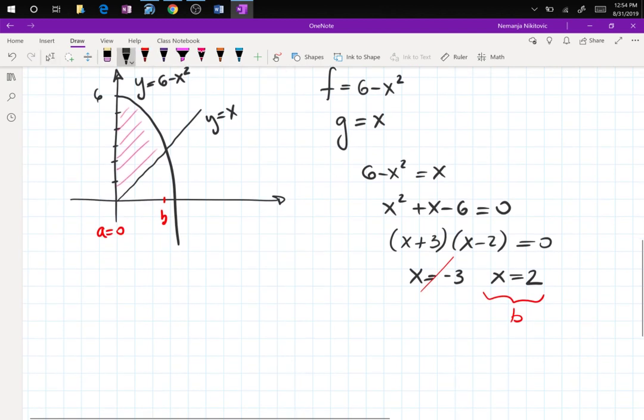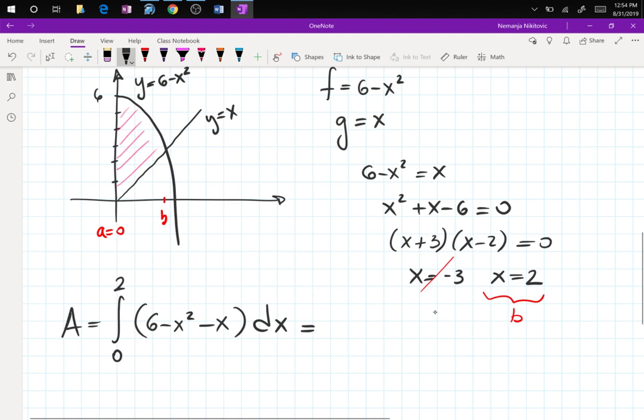Okay, time to set up the area integral. So your Calc 2 learning is to figure out a and b. And now integral from 0 to 2 of 6 minus x squared is on top, minus x on the bottom, all of that in parentheses times dx. Bueno? Okay.